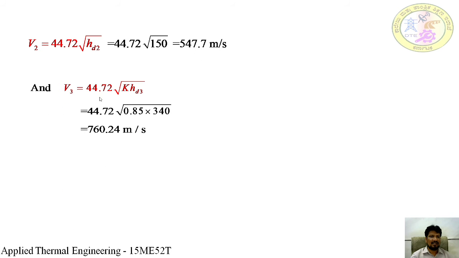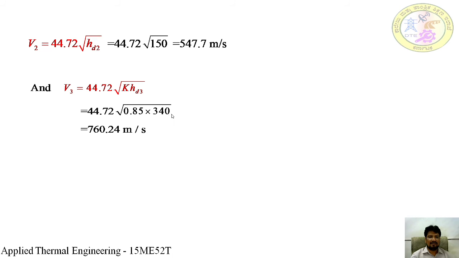Similarly, velocity at the exit is 44.72 times the root of K into HD3. Here you have to multiply by the K value, because at the exit condition there will be some frictional loss. The nozzle efficiency is given as 85%, that is a loss of 0.15, so 1 minus 0.15 is 0.85, into HD3.